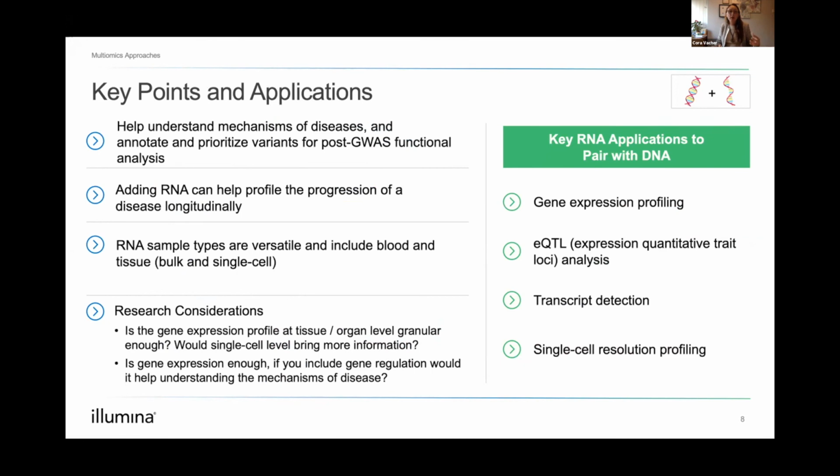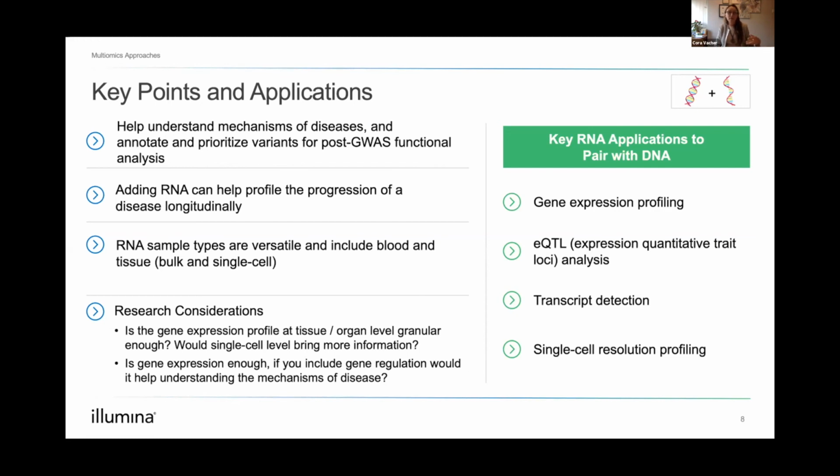Really what we're trying to show, and that's what you have been showing during this meeting, is that to understand the mechanism of disease, especially after the variants have been identified by GWAS, as many layers of omics are necessary.